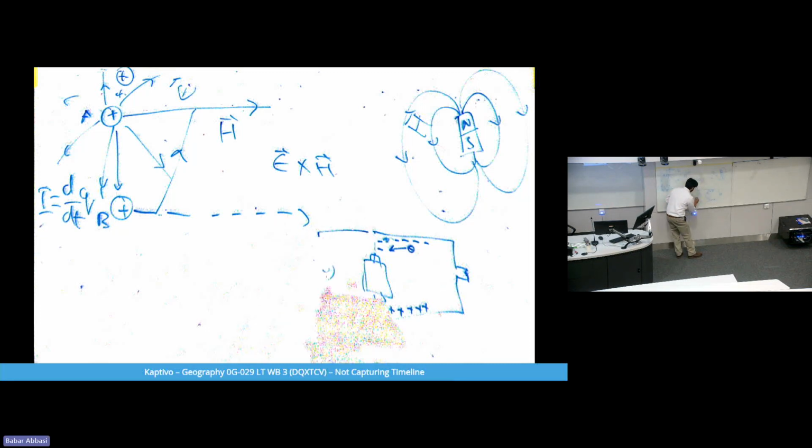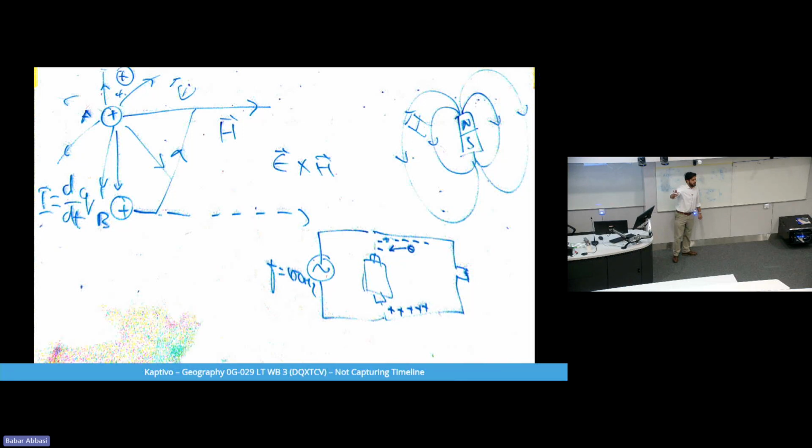If this frequency is, say, 100 hertz, what will happen here? The charges will move up and down and up and down, and then there will be a 100 hertz signal. Of course, it will not be efficient because it is just a wire. But if you want to make it efficient, then there are some other engineering things coming into play. Okay, but do you understand the concept?